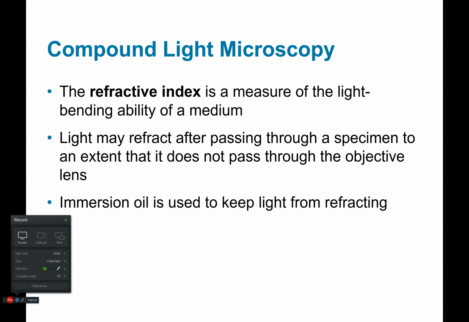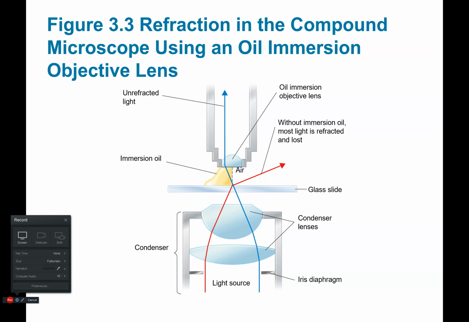So the reason that we use immersion oil when we use our 100x oil lens, our objective lens, is that oil keeps the light from refracting and therefore maintains that resolution or increases that resolution that otherwise would be lost.